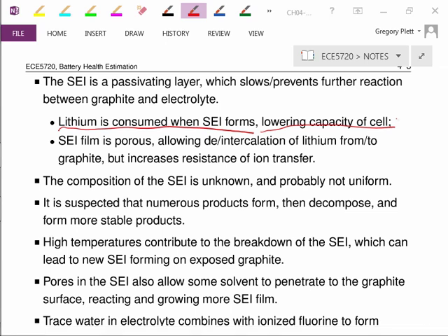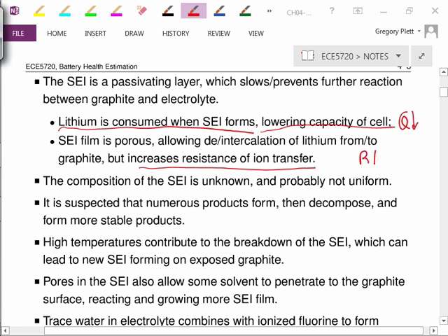It has pores in it, and the pores are small enough that lithium can still go into and out of the carbon particle. So lithium can go through the SEI layer, but it is harder for lithium to go through the SEI layer. So the resistance to ion transfer of lithium through this layer goes up, and so the resistance of the cell goes up. So capacity is going to go down, resistance is going to go up.